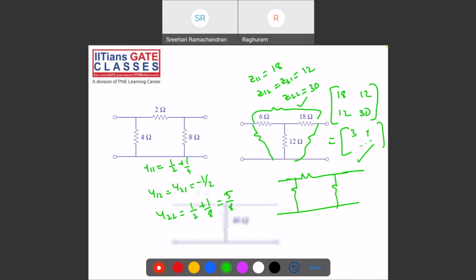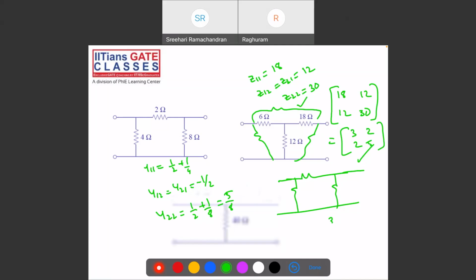Tell me the inverse of this. It's like 5 minus 2, minus 2, 3.